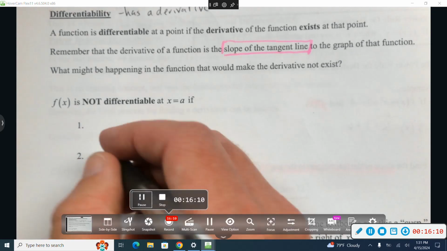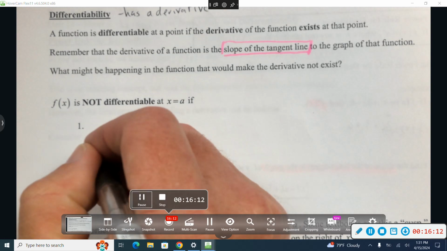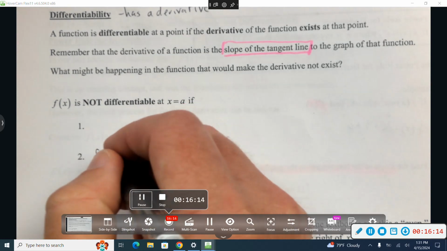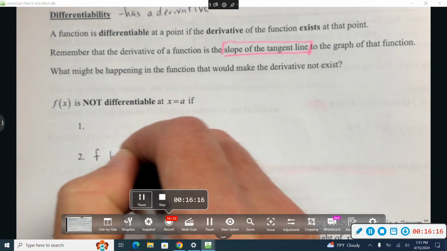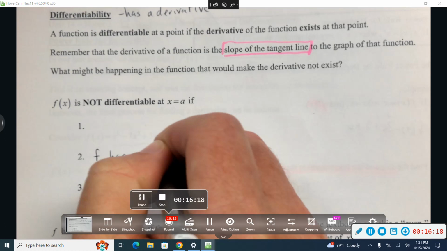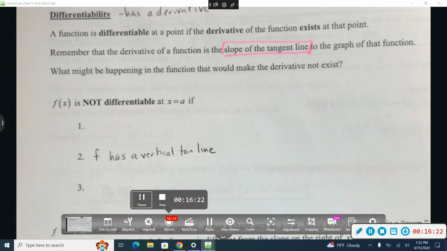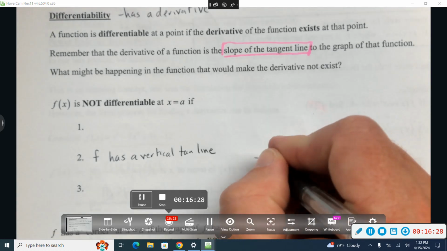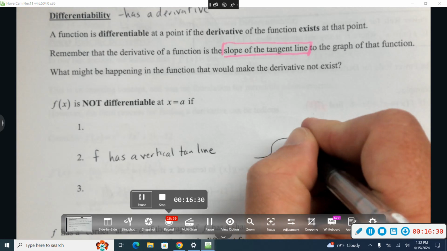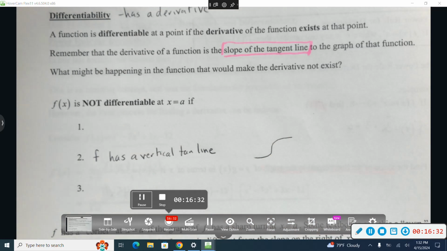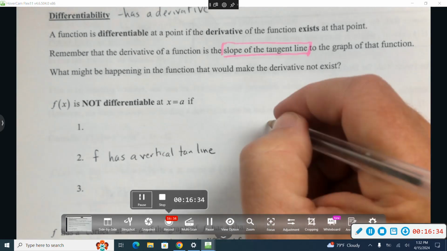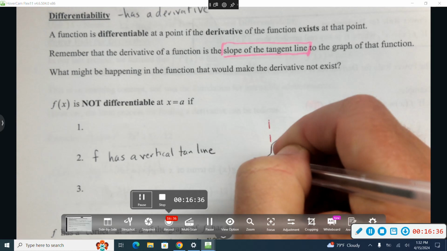We're going to put that as number 2 just so it'll match all the other notes we have. If f has a vertical tangent line, so what that would look like is if there's some point where the graph turns straight up, even if it's just for a quick second, and there's a vertical tangent line there.